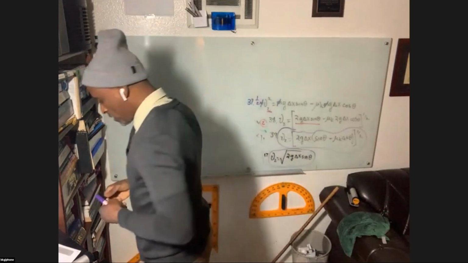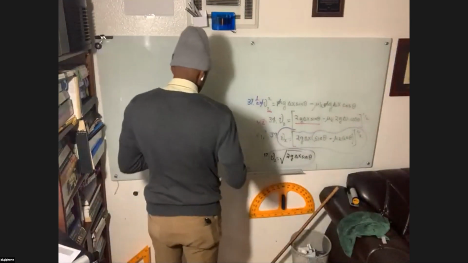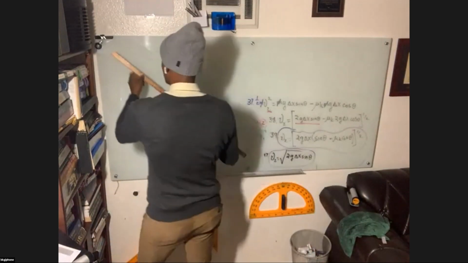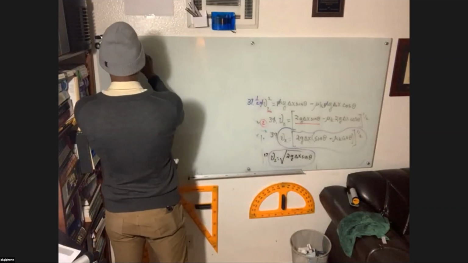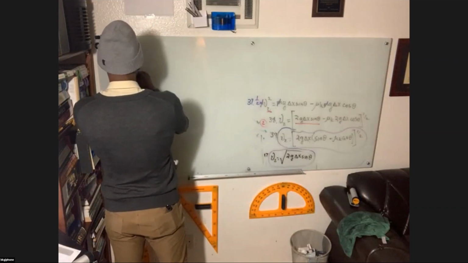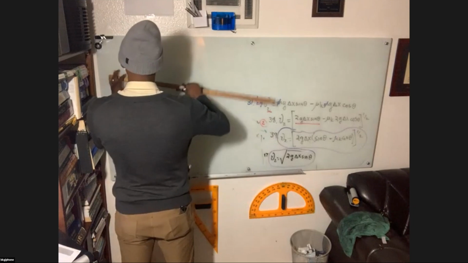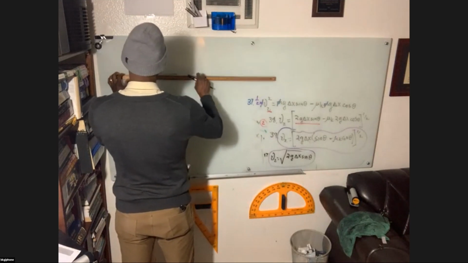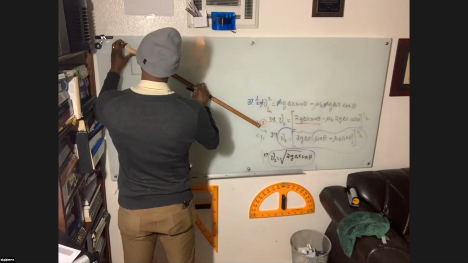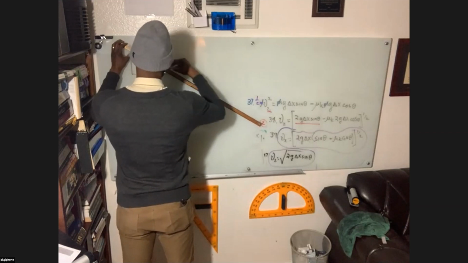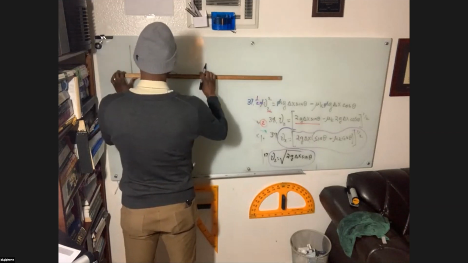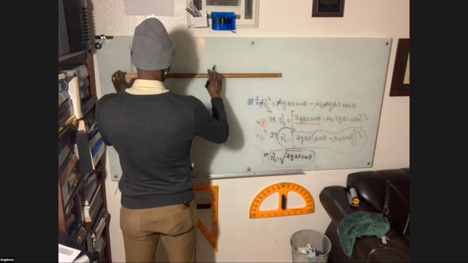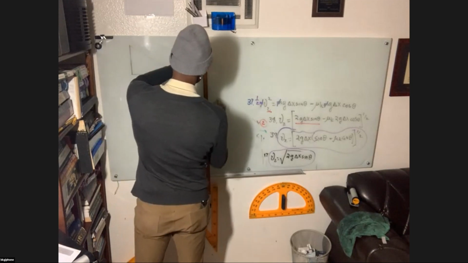So what about something like this? Let's go back to the frictionless case and throw on a spring. Let's place the spring over here on a wall.